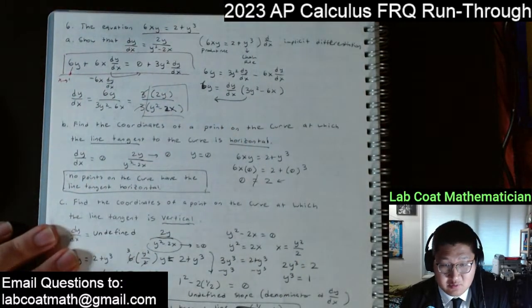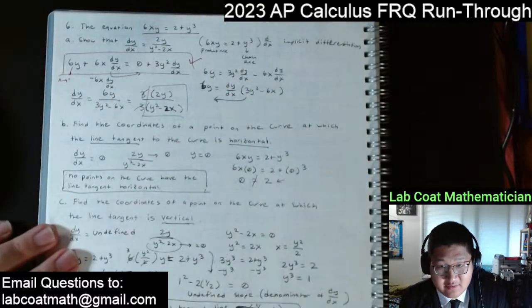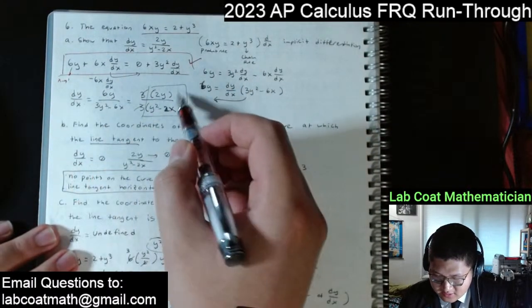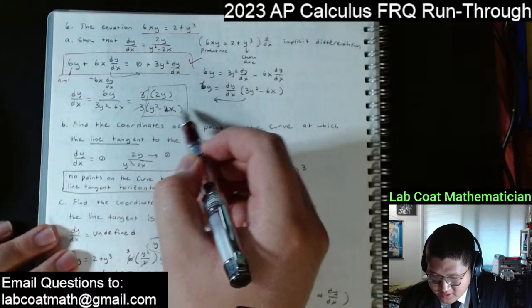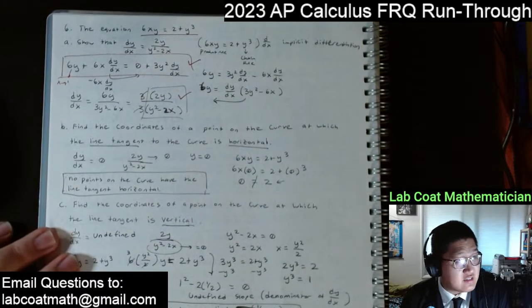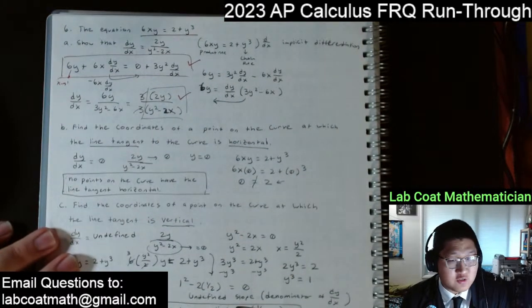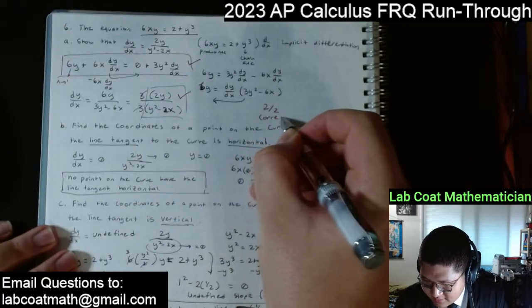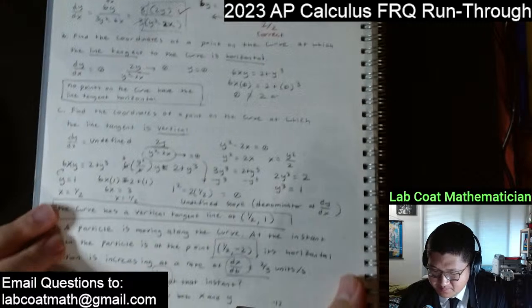So ending with that, that will be the first check that they want us to have. But then the last verification, of course, is that we show our work to lastly end up with 2y over y squared minus 2x, the way that they asked us to confirm that the first derivative was exactly what they needed. So that gives us 2 out of 2 correct again on that part.